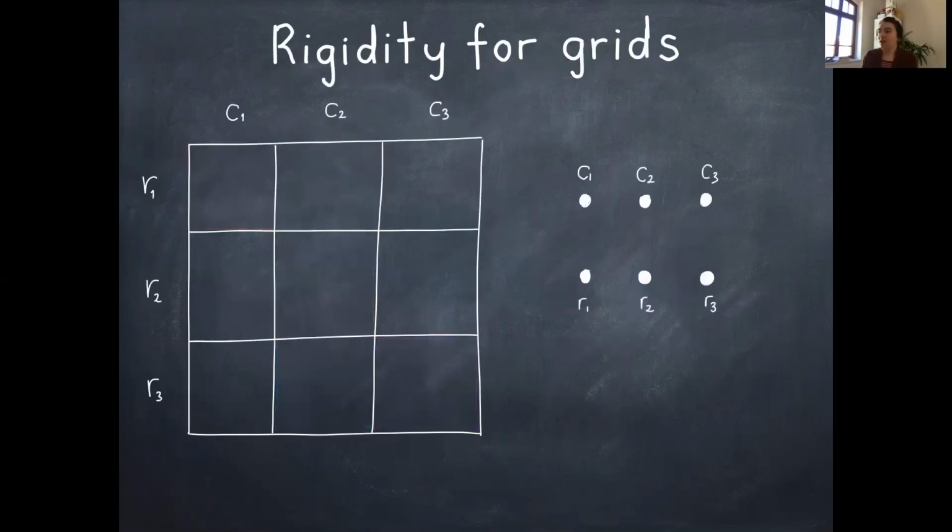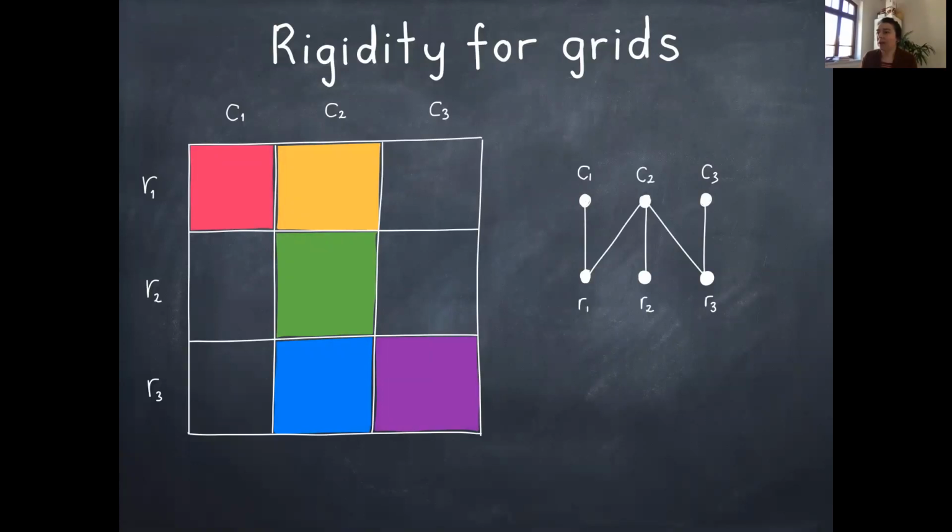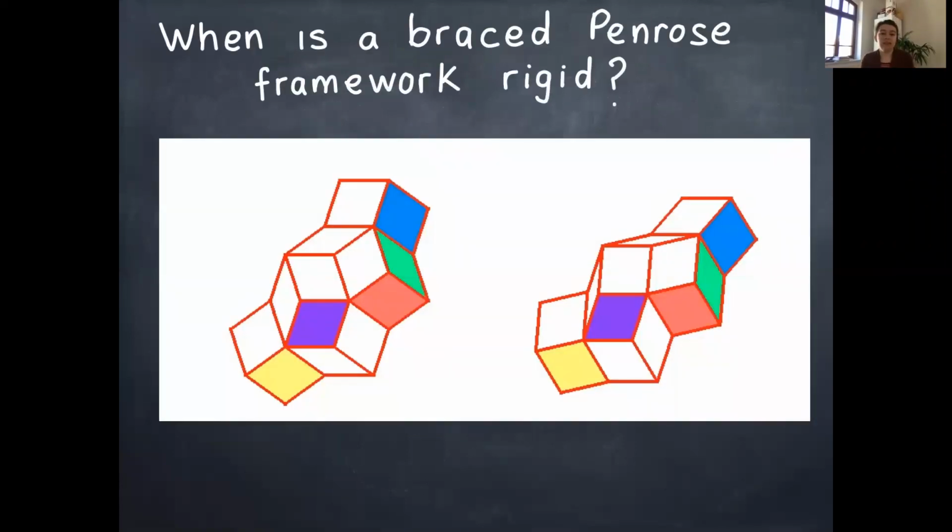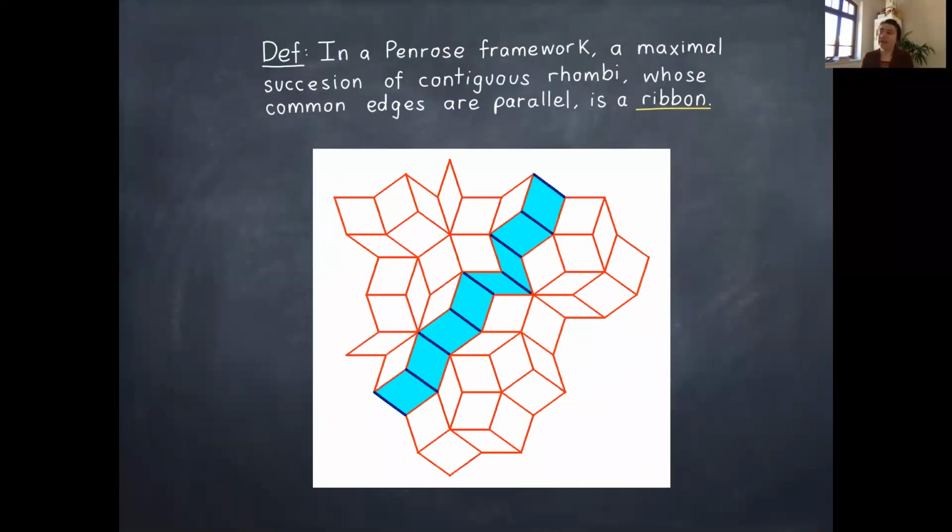Good, so we are interested in studying the rigidity of a Penrose framework, and what we see is that we can also do a similar argument as the one that Volker and Crapo did for grids.